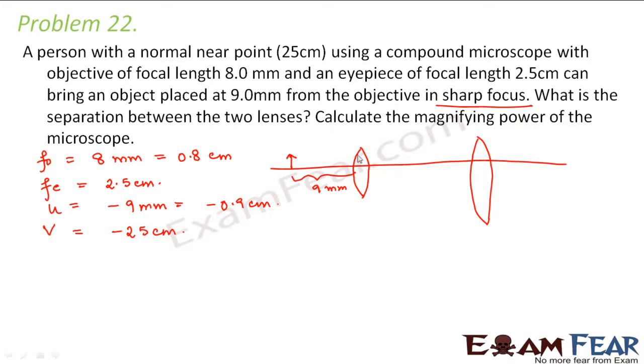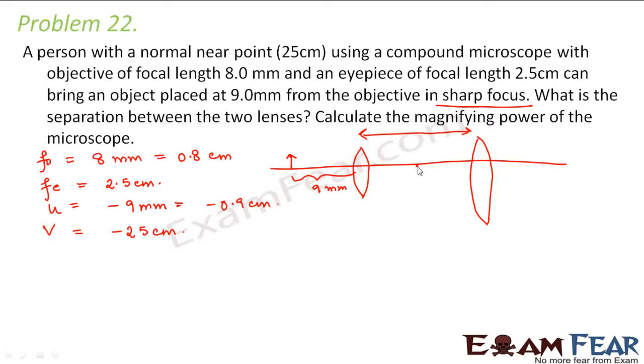Right? Now, the image is formed on this side. So, this image will act as an object for the eyepiece. Right? So, what is the question asking about? It is asking us to calculate the separation between the two lenses. That means we have to calculate this entire distance.